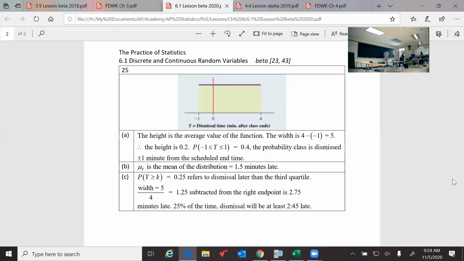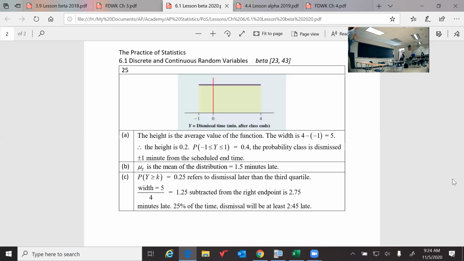Does that mean 25% in each quartile? So this problem in context of the box plot says we're here, to the right of that. The probability that y is greater than k, later than the third quartile.